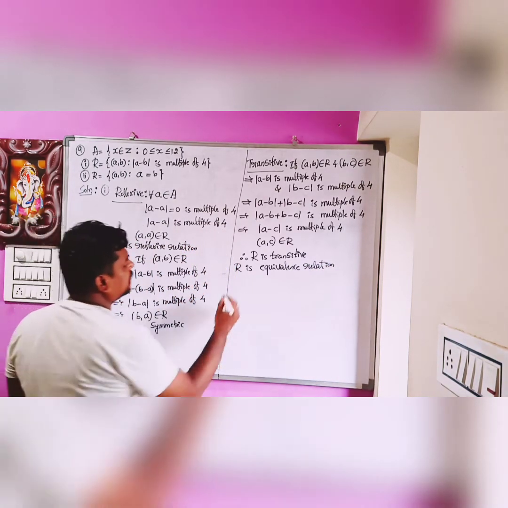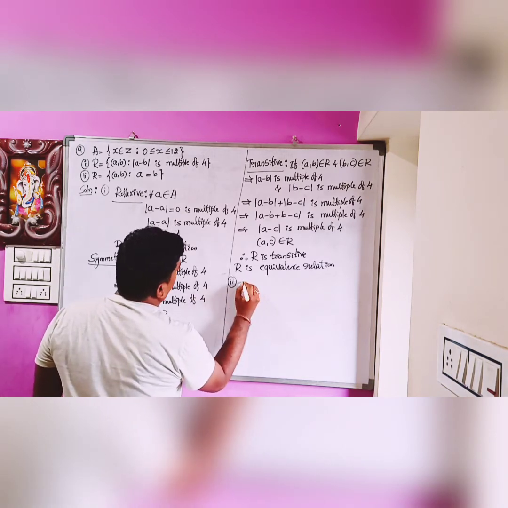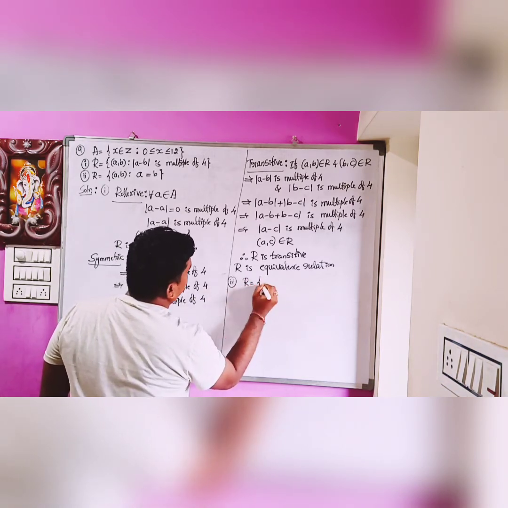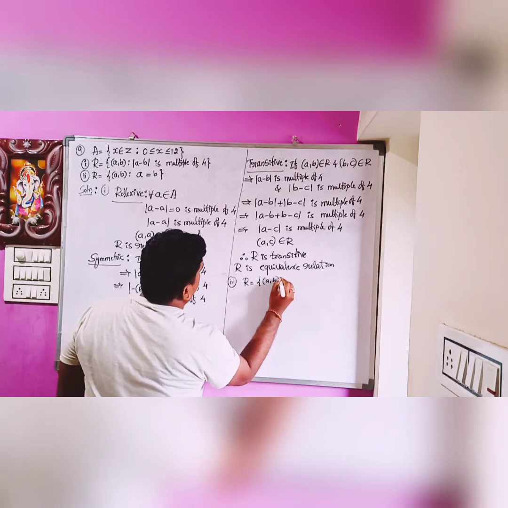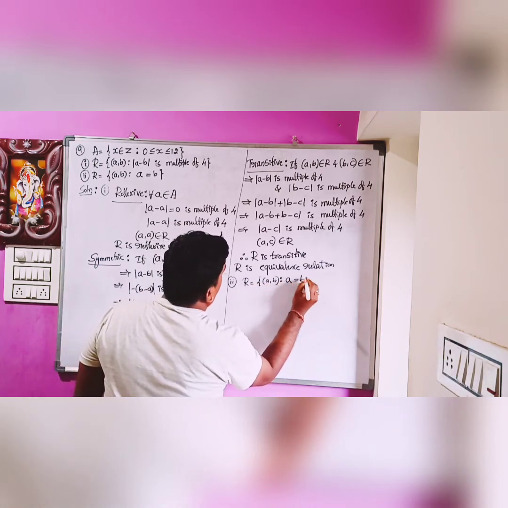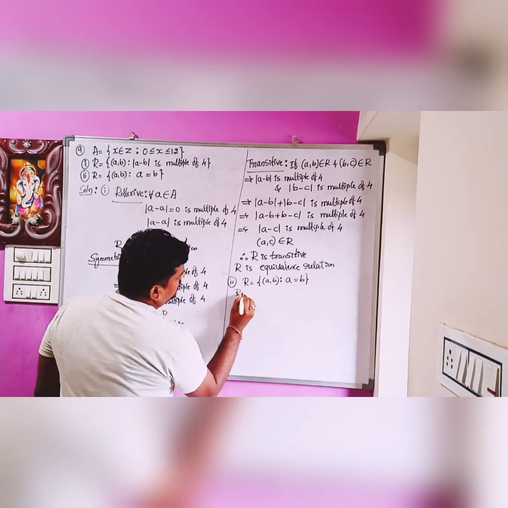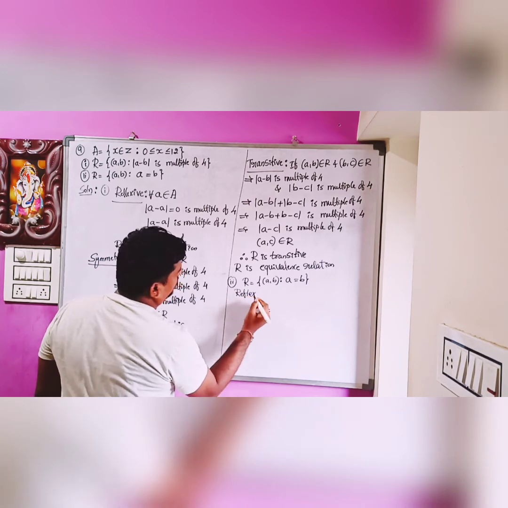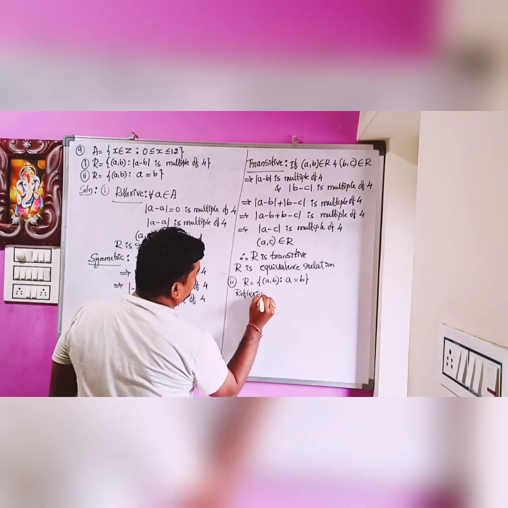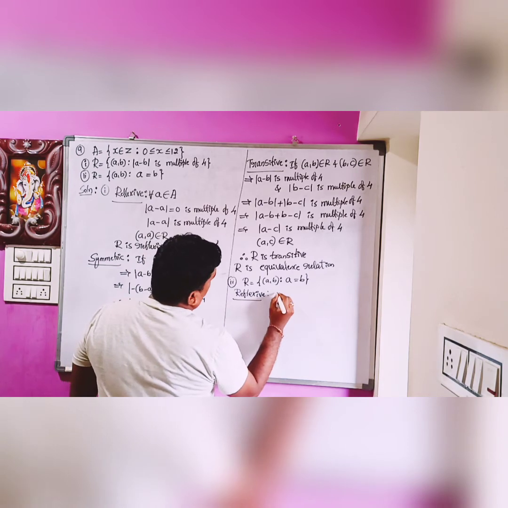Similarly, the second one. In the second one, the relation is defined as (a, b) such that a equal to b. Since any number is equal to itself, it is reflexive.